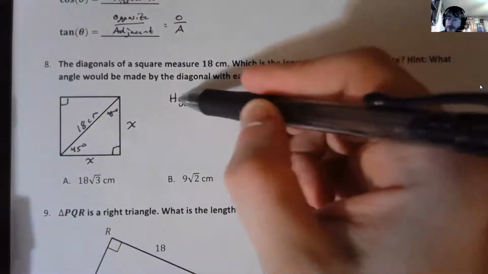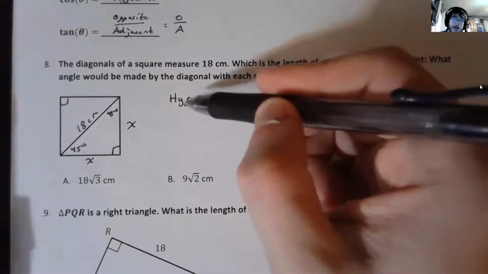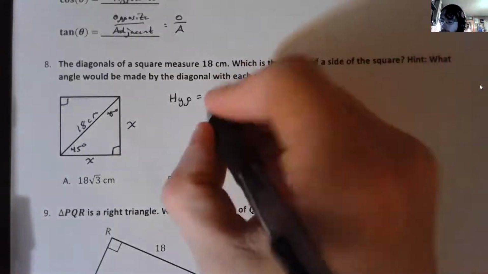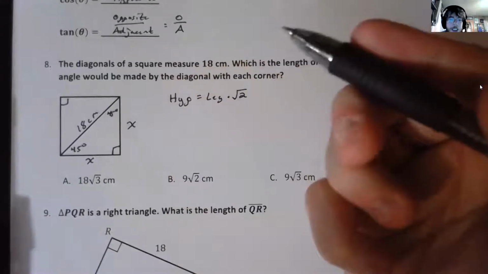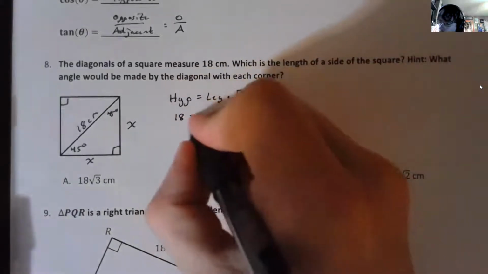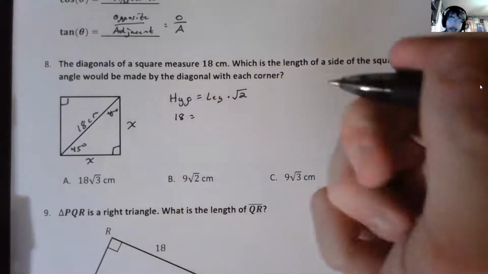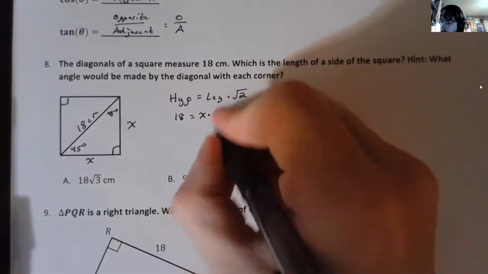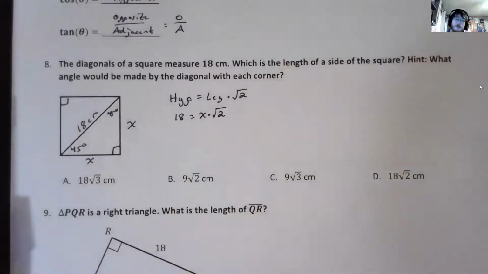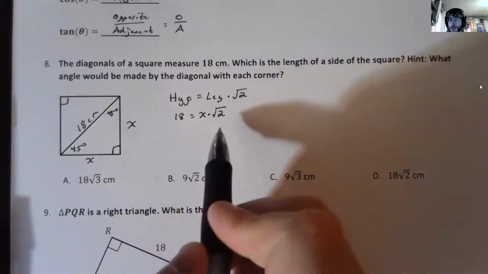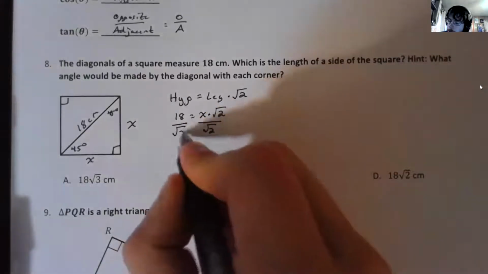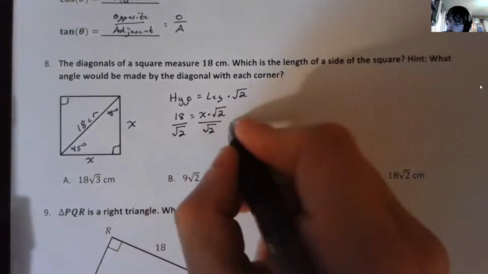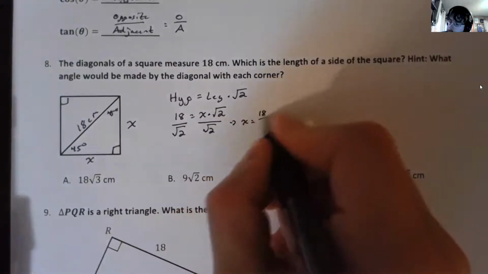So our hypotenuse in a 45, 45, 90 is equal to the leg times root 2. Our hypotenuse is 18. Our leg is x, and then times root 2. Now, root 2 is just a number, so we're just going to go ahead and divide both sides by root 2, and we get that x is equal to 18 over root 2.